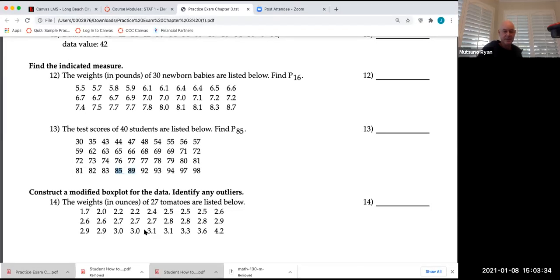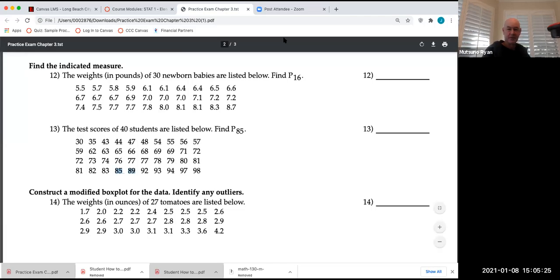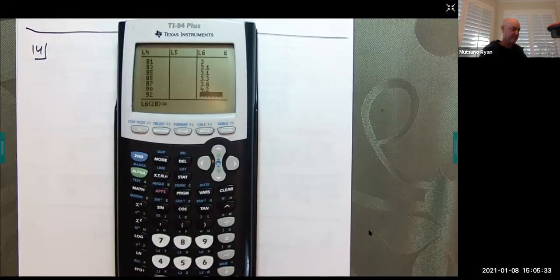And this data, we of course need to put into the calculator. It looks like I didn't put the data in, but luckily for you, I can pause it and you won't even notice. And magically, you can see the data in my calculator, which is in list 6 now.